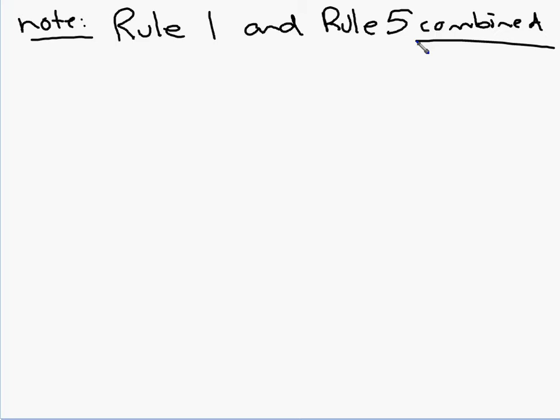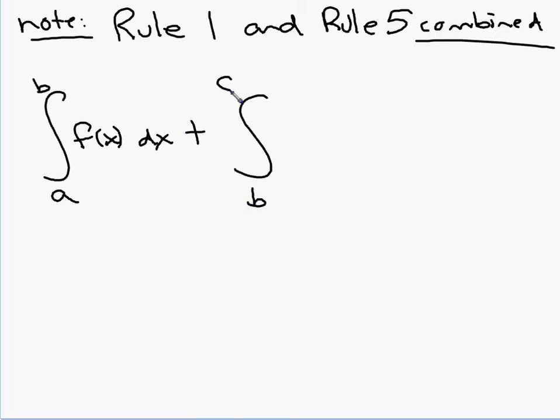So, what am I saying here? Well, if I have the integral from a to b of f of x dx plus the integral from b to c of f of x dx.